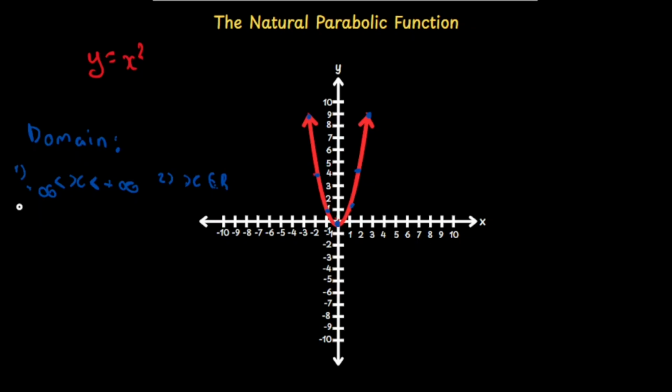And the final way for me to denote this would be x is an element of negative infinity to positive infinity. Right? Those are 3 very separate ways in which I can denote domain. You only need to denote it in one of these ways, right?